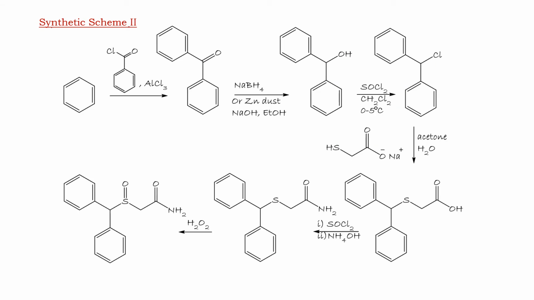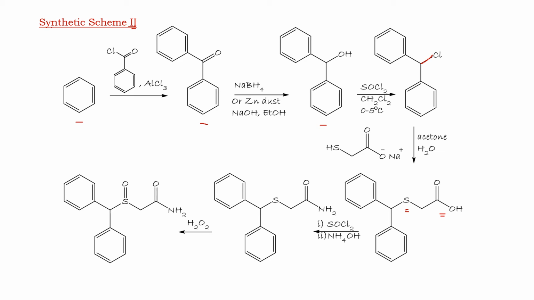Synthetic scheme 2 is just a modification of the previous scheme. Benzene, benzoyl chloride to benzophenone, to diphenylmethanol, thionyl chloride to form the chloride. So up to here it is exactly the same as scheme 1. Now, instead of reacting this with 2-mercaptoacetamide, we will react it with sodium 2-mercaptoacetate in acetone and water to get the thioether, and here a carboxylic acid functionality.